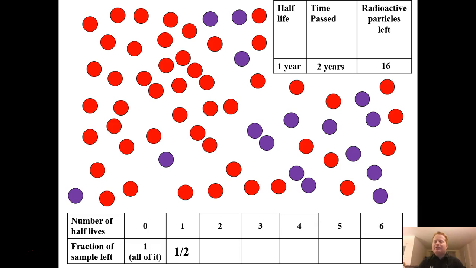And so now there are only 16 purple left. So every half-life, another half of the remaining sample will undergo nuclear decay. It's not like half of the sample decays, and then after another half-life, the rest of it decays, the second half. That's not how it works. It's half of the radioactive material.